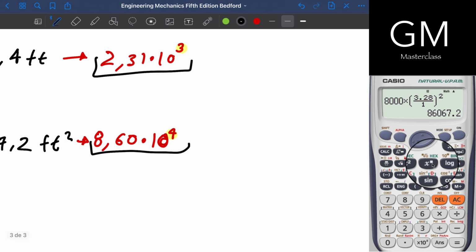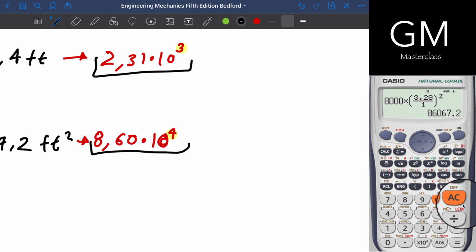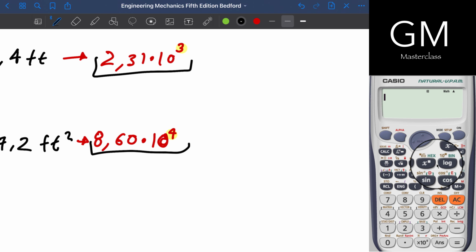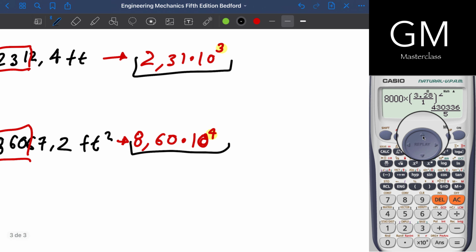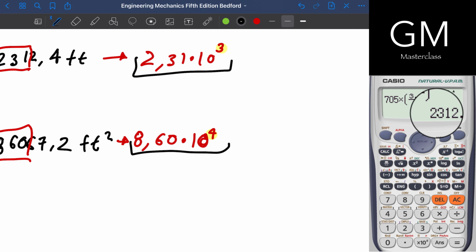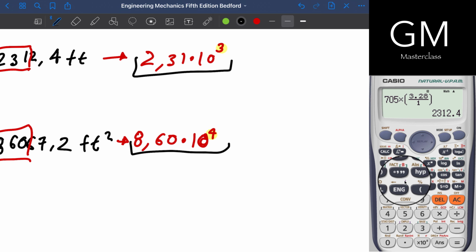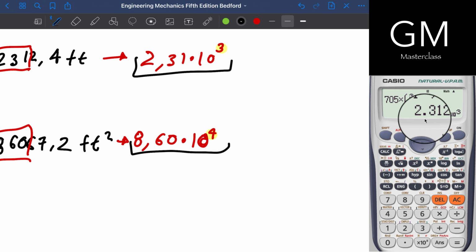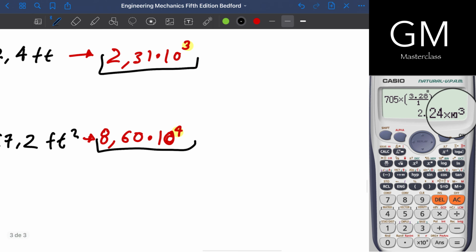I also could have done this in the calculator, because if I have the result, I could press this button, which is engineering, and this button will transform the result into powers of 3 by 3.